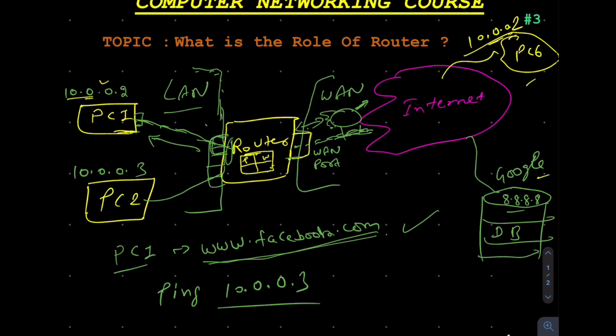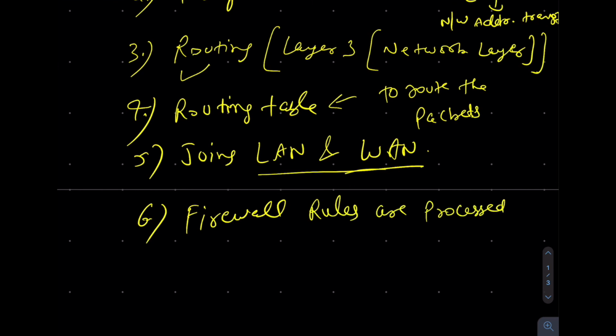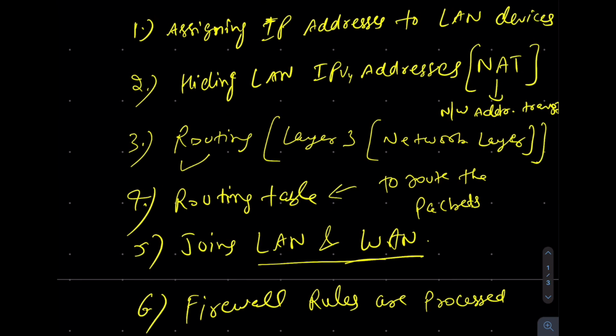As we can see here, this left side is the LAN part and this right side is the WAN part. So the router is the intermediate device which joins these two networks. Firewall rules are also processed. So these are the main things which a router performs.